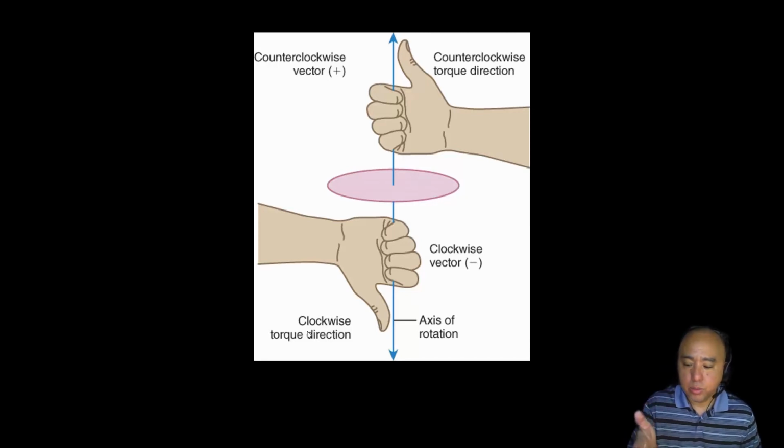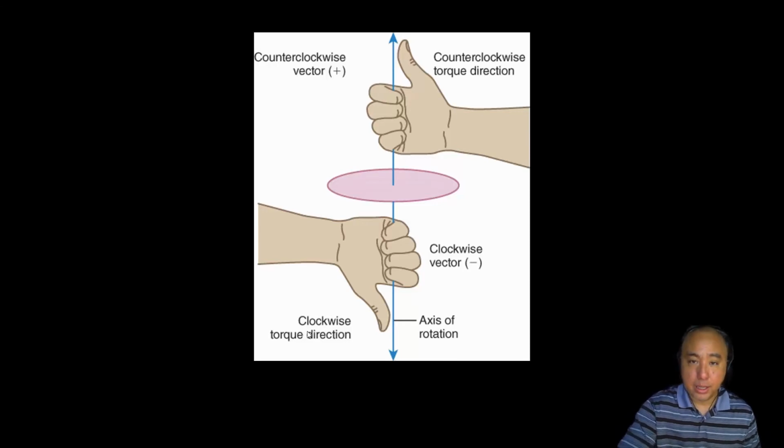So let's talk about direction here. Right-hand rule. You've got to use your right hand. With the four fingers, you rotate in the direction that the actual rotation occurs. So for example, counterclockwise is this way, and the direction of the thumb indicates the direction of the torque, more specifically, the axis of rotation. Remember in my previous videos, I talked about the axis of rotation as the axis that's perpendicular to the plane defined by the other two axes in a three-dimensional sense.